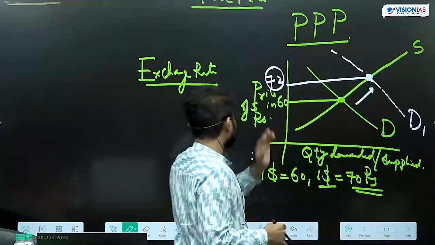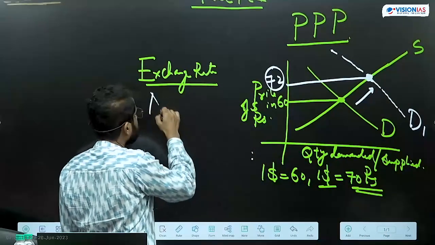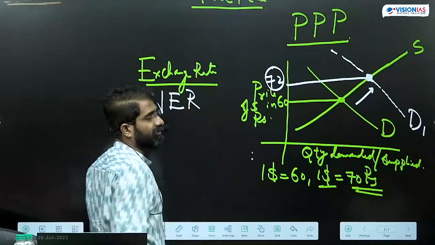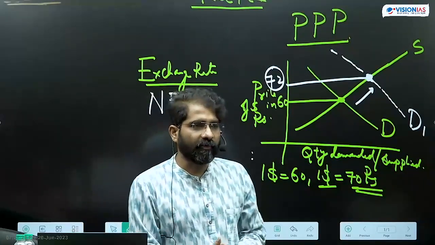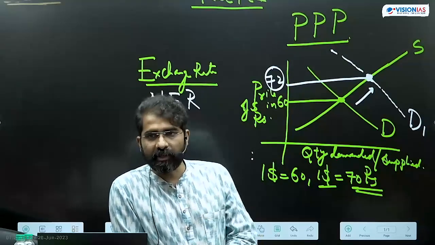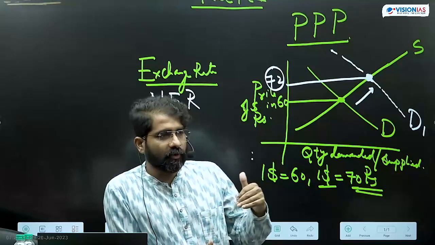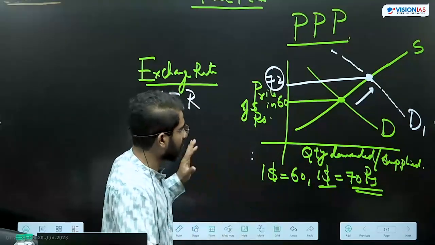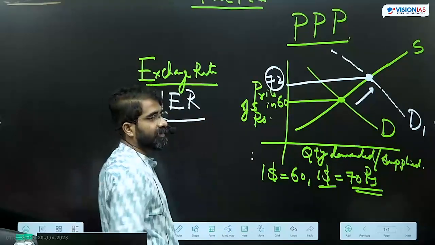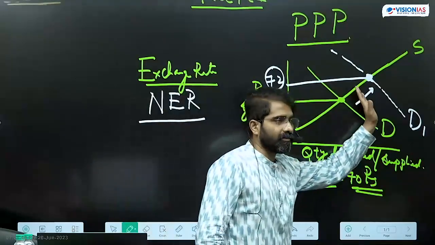This is nothing but the nominal exchange rate. Whatever we see daily in the newspaper, that today $1 is 70, 71, 69, 73, 74, this conversion is the nominal exchange rate, which is based on the factors of demand and supply.